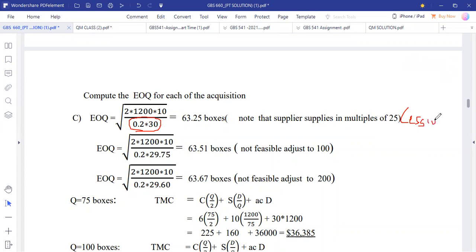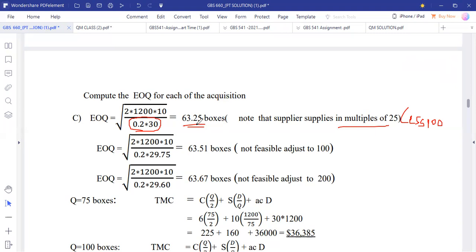We are not given any discount. Okay, so can we take advantage of the quantity discount? So here we have gotten our EOQ when we are buying less than 100, but we are buying in multiples of 25.